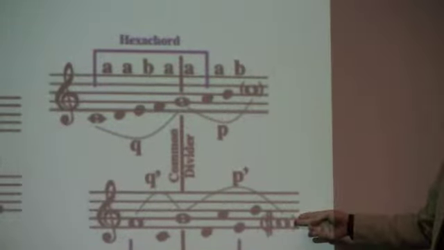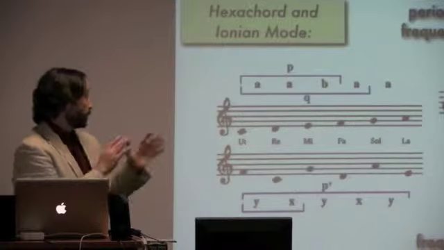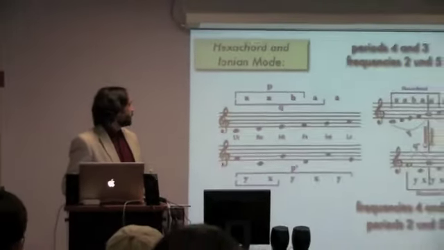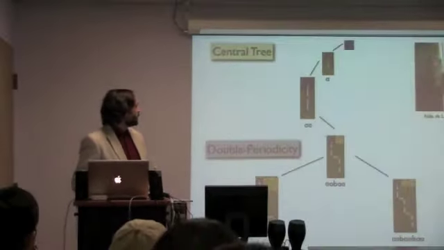In this picture you have periods 2 and 5, and you have letter frequencies 3 and 4. There are 3 fifths and 4 fourths. So that's a nice exemplification of the duality of the two trees, and I will show you that it works out for all the central words and all the standard words. So, in other words, the standard words are the mathematical generalization of what we find as the Ionian mode.